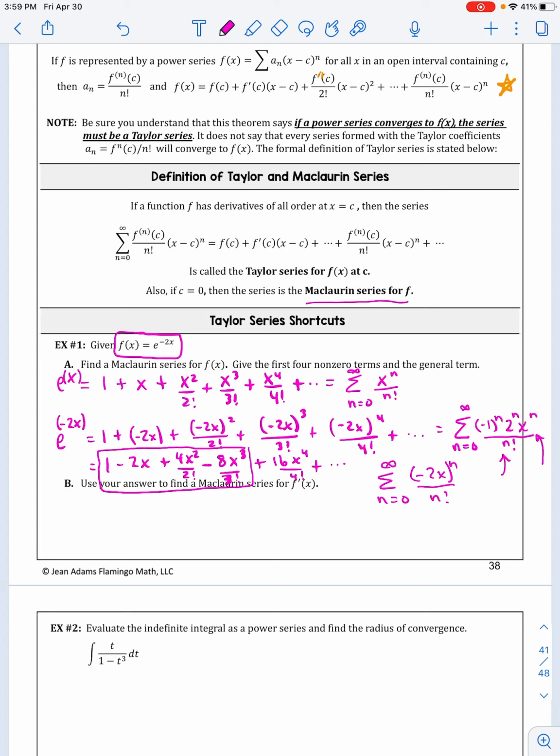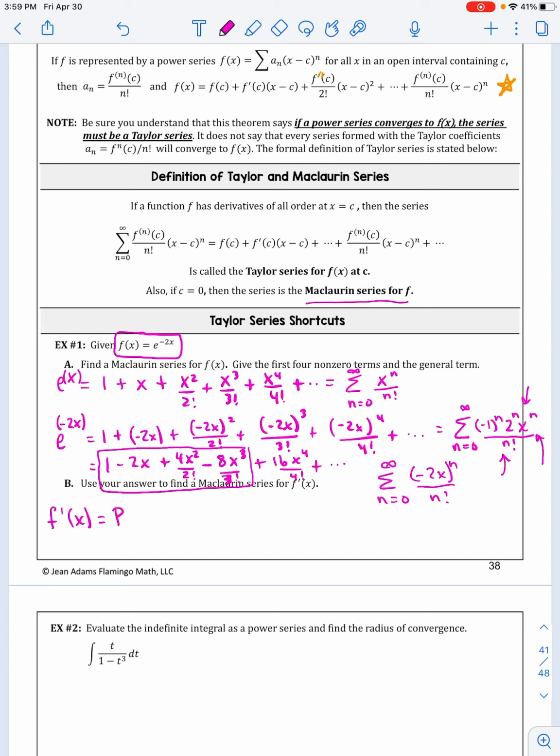And so go ahead and put all of them in and see if it works. 0, that would be 1 over 0 factorial, which would be 1. If it's 1, it'd be negative 2x over 1 factorial, which is negative 2x. If it's 2, it would be positive 4x squared over 2 factorial. So this is going to work whether you leave it like this or whether you make it the negative 2x to the n.